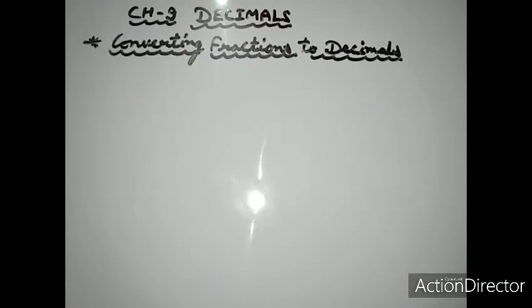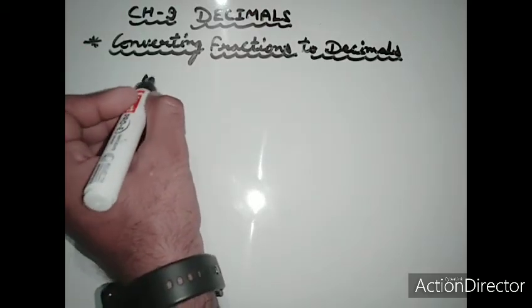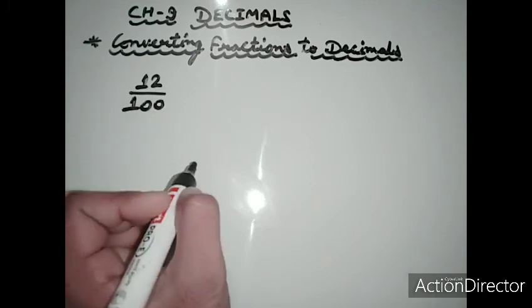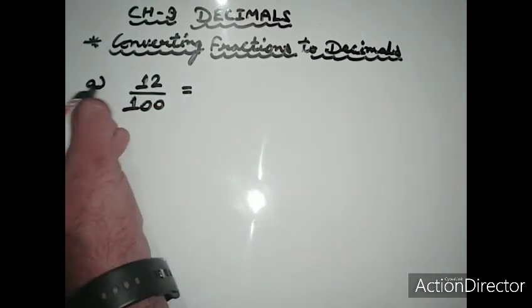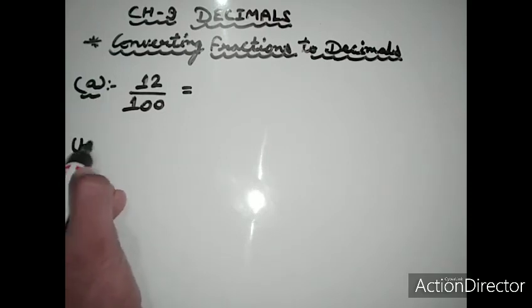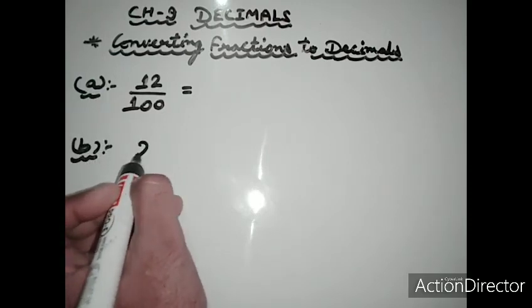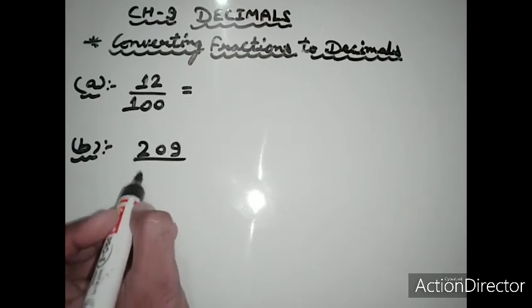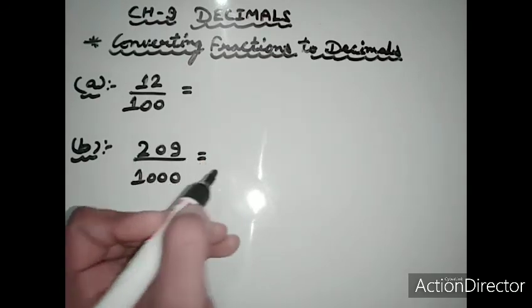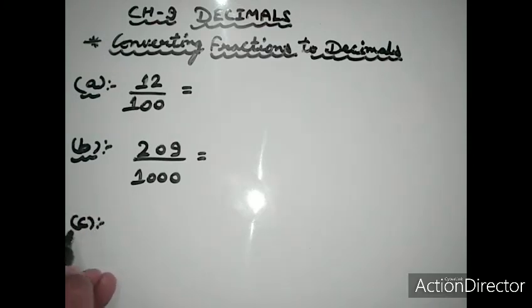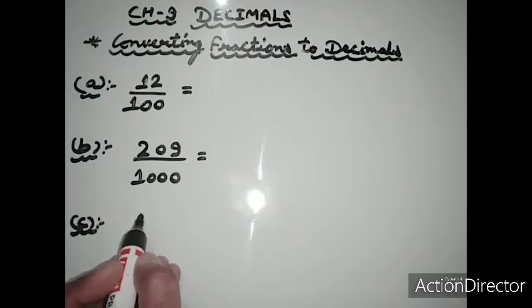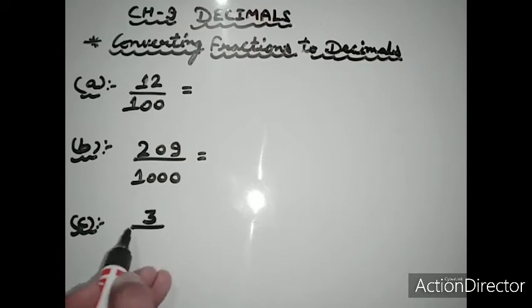Fractions whose denominators are 10, 100 or 1000 can be easily converted to decimals by putting the decimal point in the numerator, right? So the first example, A part, 12 upon 100. B part, 209 upon 1000. And the C part, 3 upon 10.